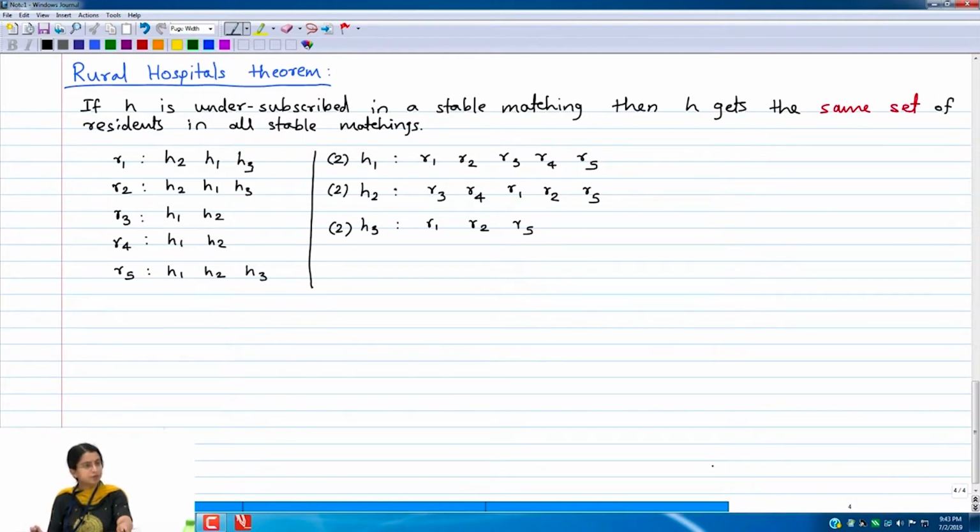So can you point out the two stable matchings here? Yes.